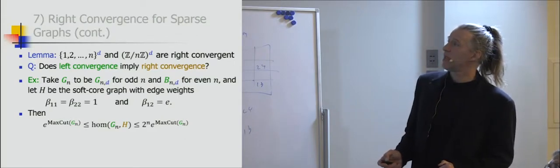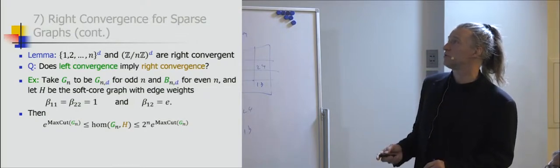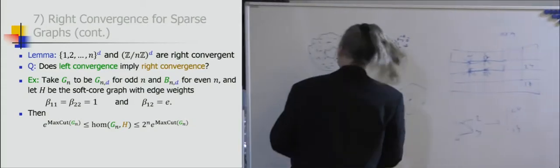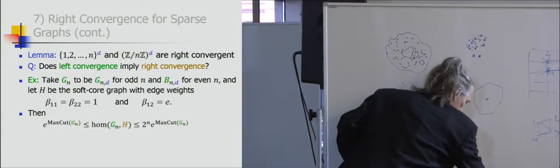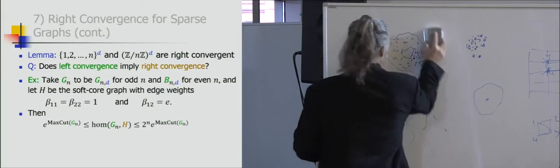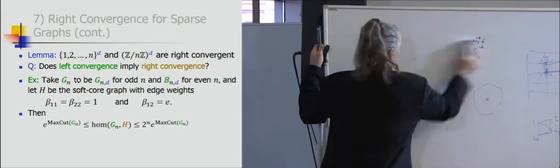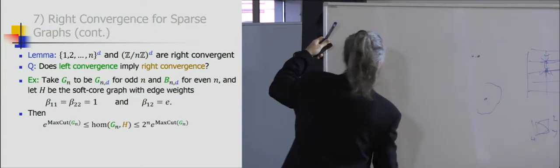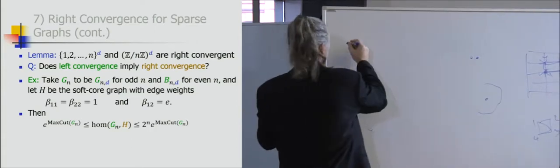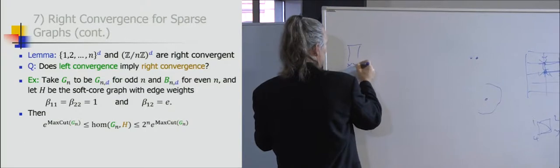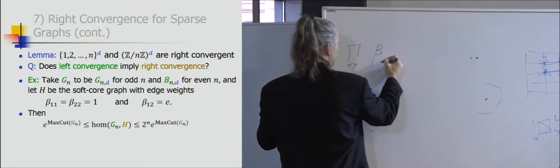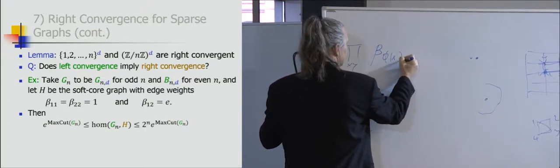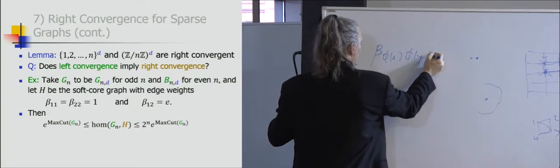Well, if you look at this, what could be the maximal contribution? So we had this product over the edges, and then you had beta of the color at x and the color at y.